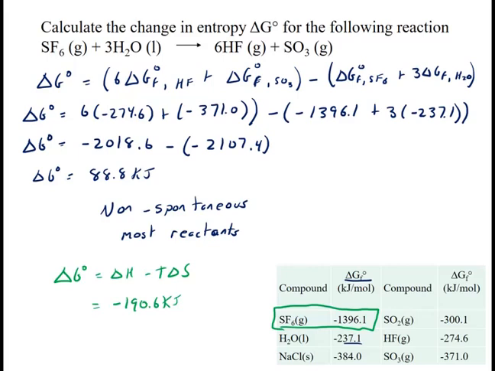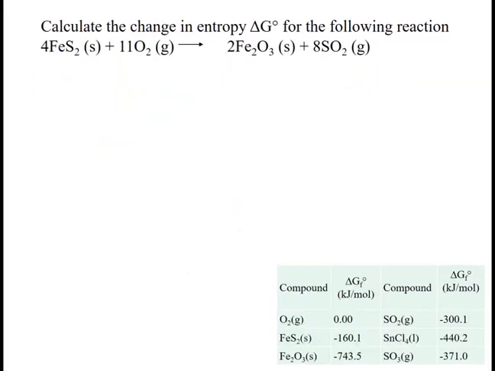Okay, so we're going to do one more problem, and it behaves better, if you will. Okay, I'm going to use black this time. So delta G naught is going to be 2 times the delta G of formation for the iron 3 oxide, sorry, plus 8 times the delta G naught of formation for SO2.